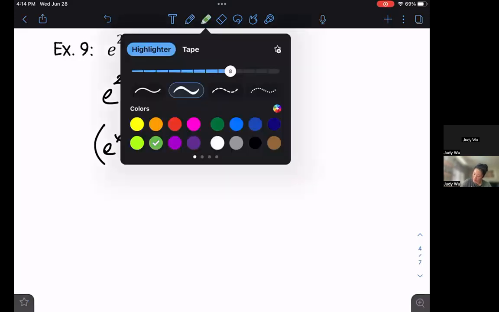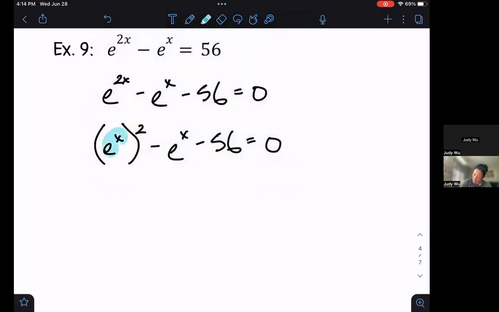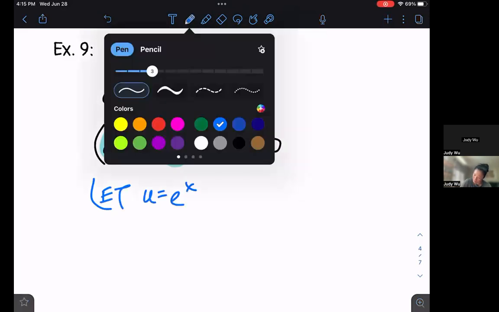I'm going to take this e to the x and this e to the x, and ask us to kind of blur our eyes for a little bit. And instead of writing e to the x, we're actually going to replace everything in the blue circles with the letter u. So let u equal e to the x.